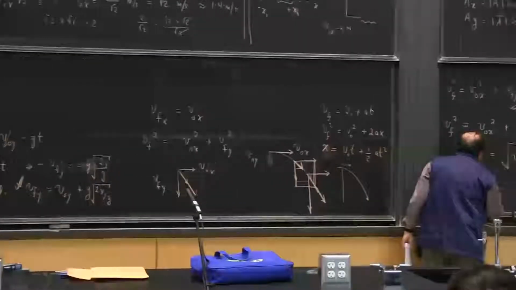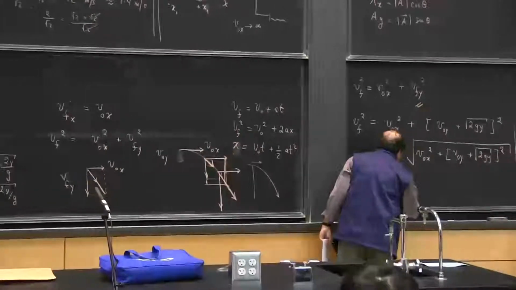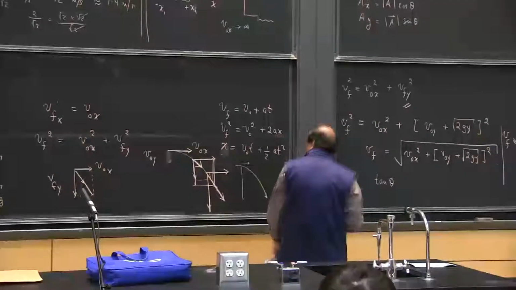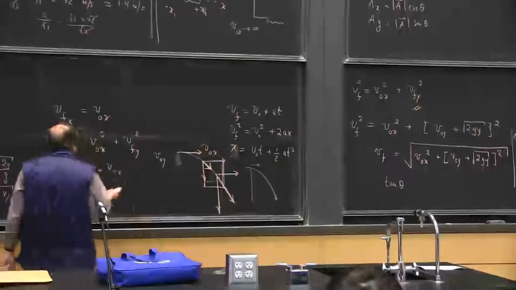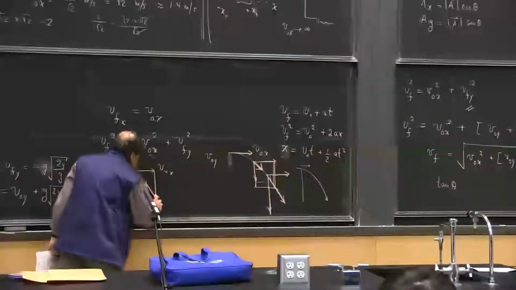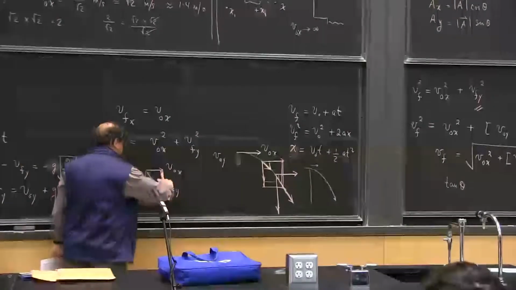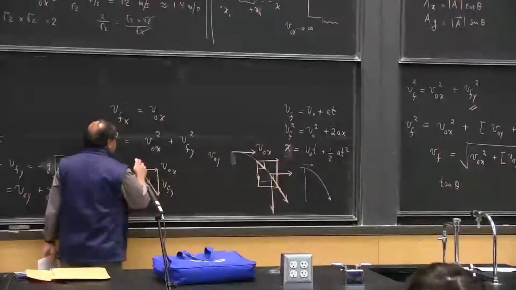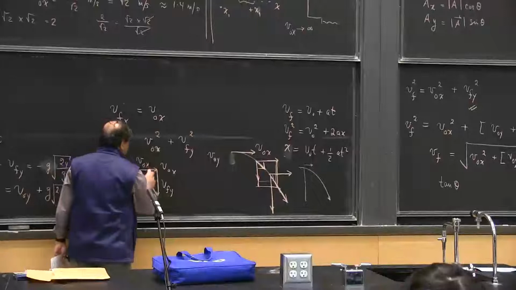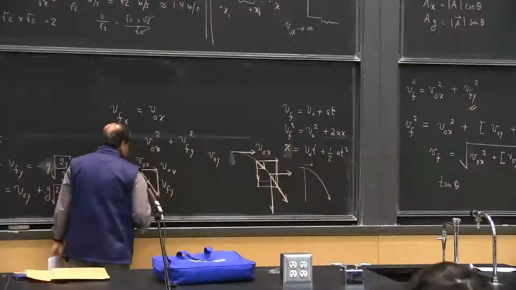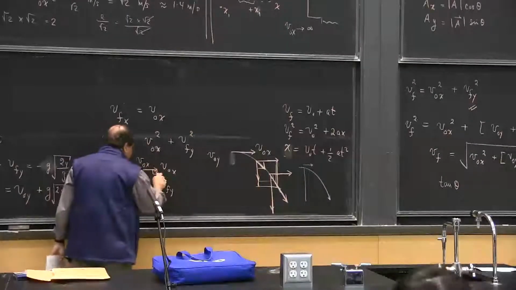So let's say by the formulas that I was playing with, I can think about a tan of theta. Tan of theta of what? In this case, if you look at this picture, this is my v final y, this vertical piece. This is my v0x, right? So therefore, this is my right triangle.